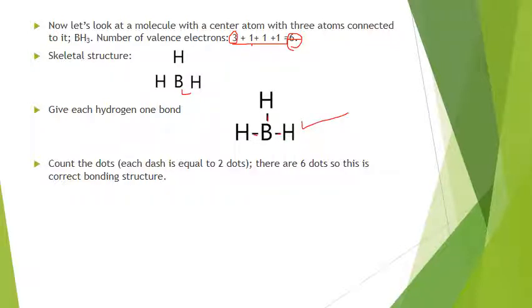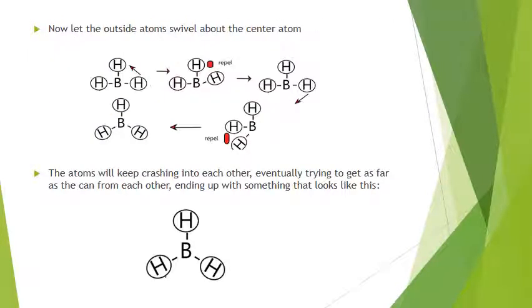Well, the way that I drew it, it kind of looks like a line with a hat on top of it, okay? But is that so? Let's take a closer look at what it looks like. Again, we're going to allow the hydrogens to swivel around on the bonds, and move.